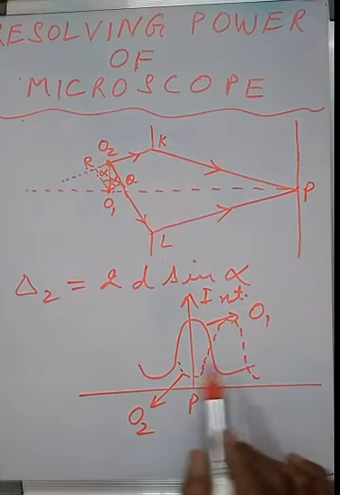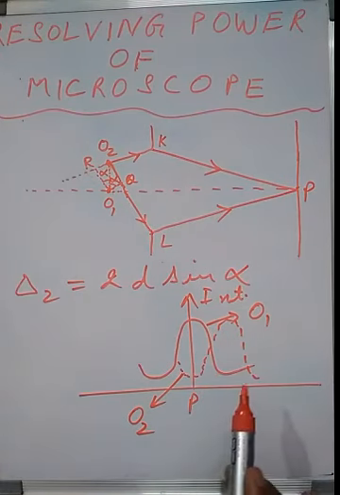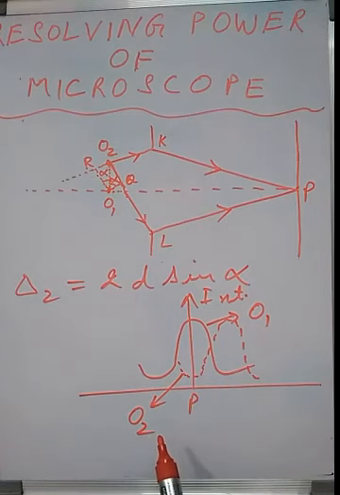If this condition is satisfied, then the two objects O1 and O2 will be seen just resolved at this distance.